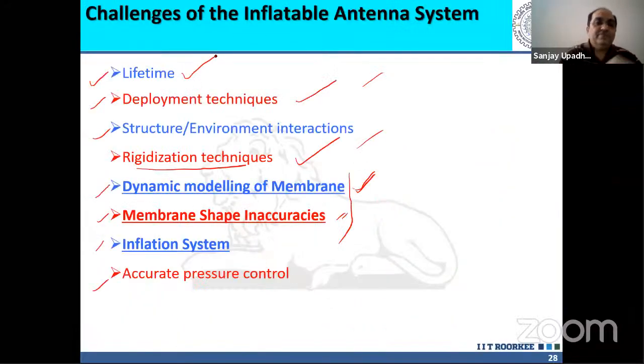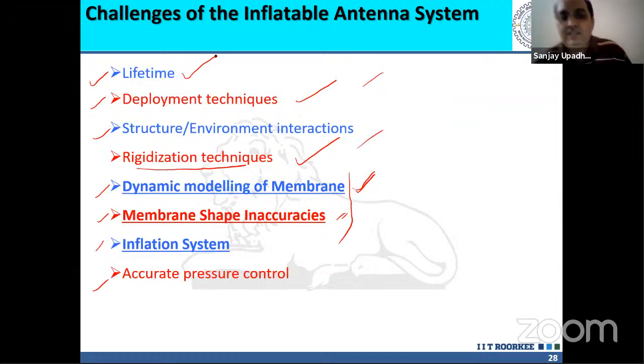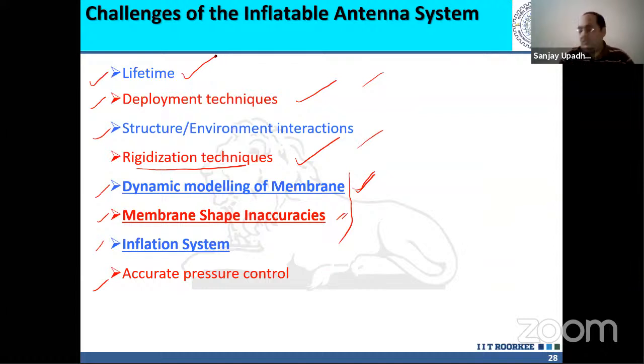Lifetime is still unexplored, so it is required. When we approach it, we will consult with the ISRO people, and definitely we will study this.